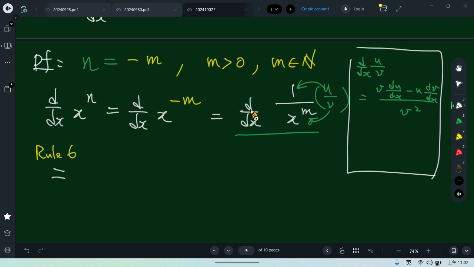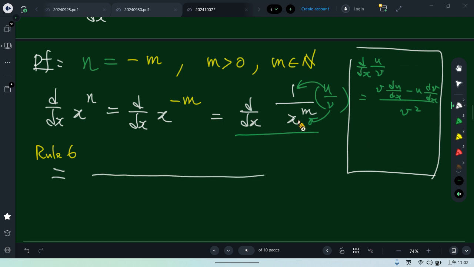Then we can get, v here is x to the power m, so it will be x to the power m to the power of 2, right? Because here is v, and u is a constant. So for this part, we will have v squared. So here we will have x to the power m squared, right?